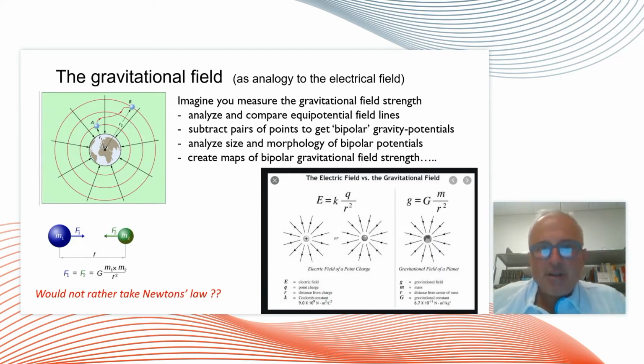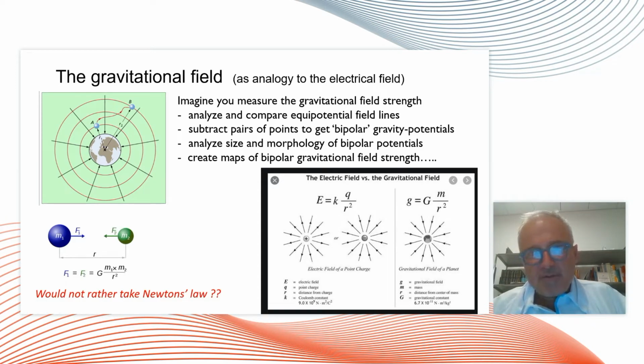Now imagine the gravitational field. We can measure the gravitational field strength, and we can obtain equipotential field lines around the Earth or for the Moon or the Sun.